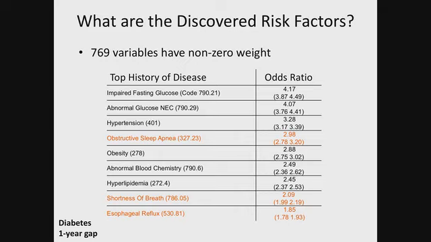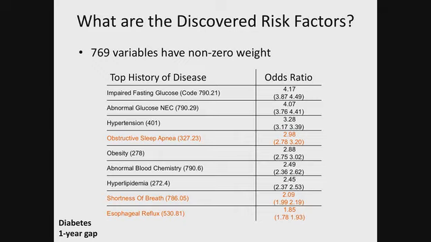But there are also many things that are a little bit less obvious. For example, here we see obstructive sleep apnea and esophageal reflux as being chosen by the model to be predictive of the patient developing type 2 diabetes. And what we conjecture is that those variables, in fact, act as surrogates for the patient being obese, because obesity is very seldom coded in commercial health insurance claims.